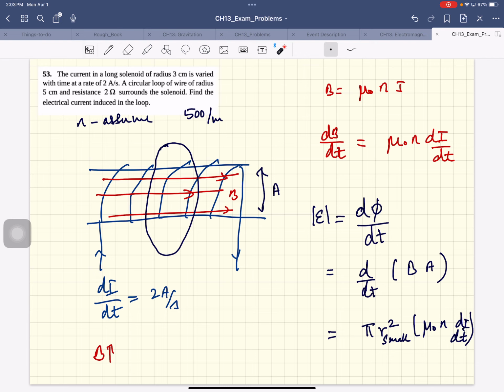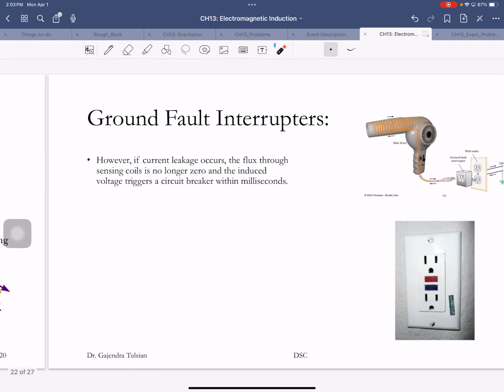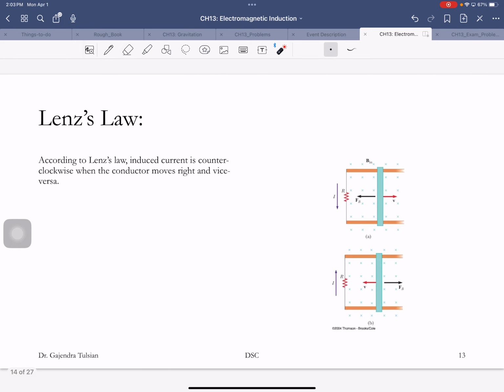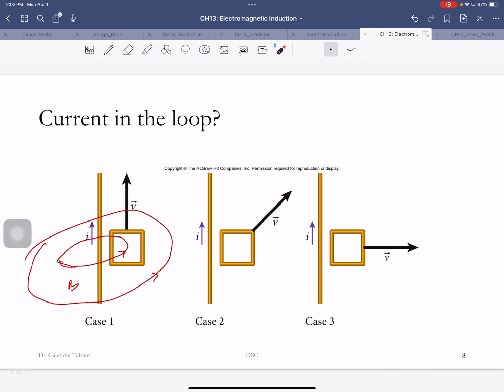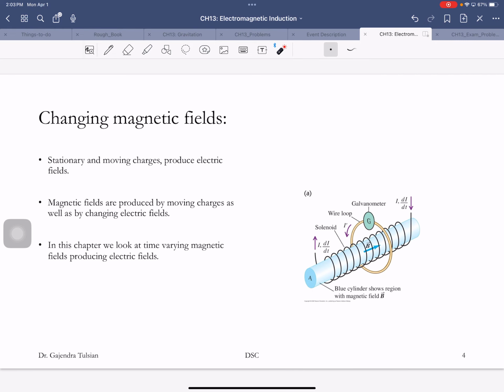So there's the solenoid, you're changing the current in the solenoid, and you're calculating this induced current in this loop.